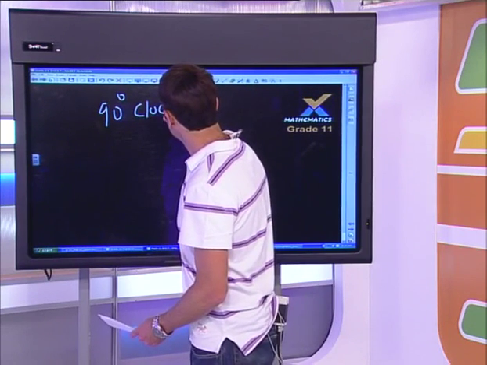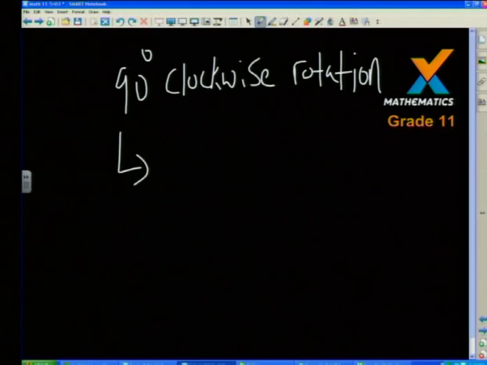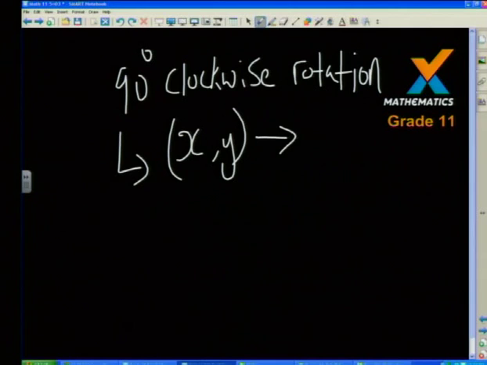Clockwise rotation. And we said that that is when (x, y), what does it become after the transformation? It becomes (y, minus x).